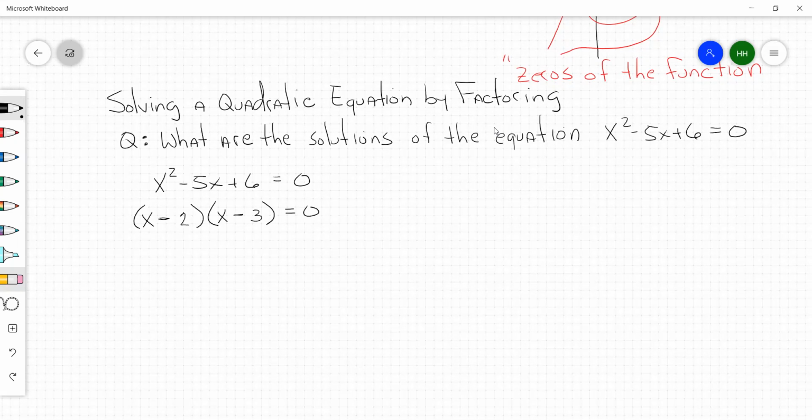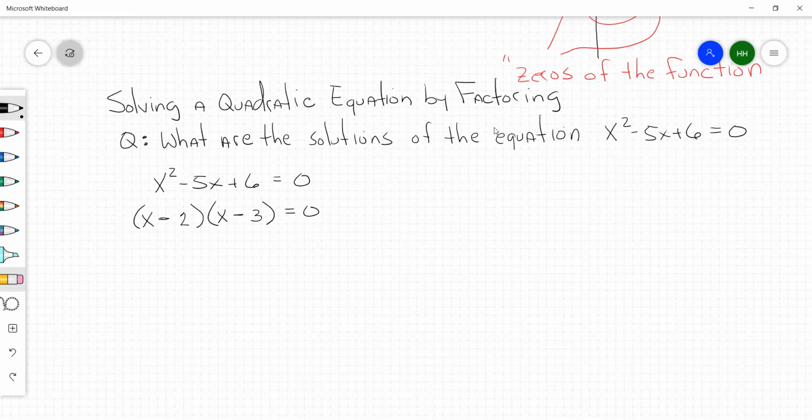All right, so you have factored this quadratic, and you've set it equal to 0. Now, if either of these factors were a 0, then x minus 2 times 0 would equal 0, and 0 times x minus 3 would equal 0.